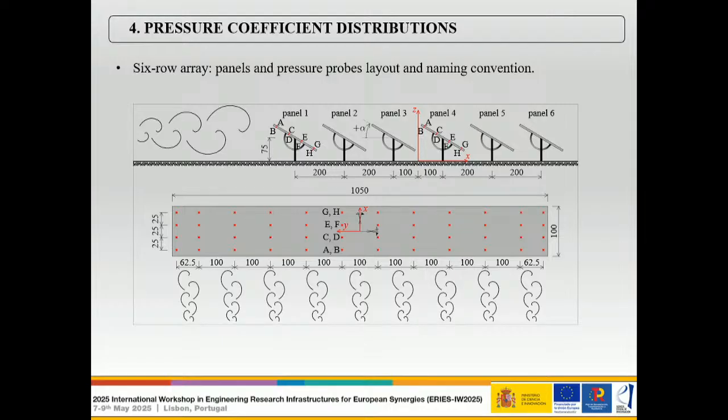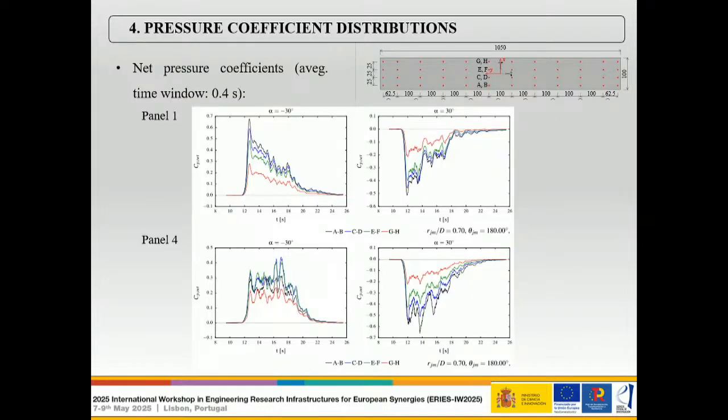And this is the distribution of the pressure probes over the panels, where you also have to understand that at these points we really have 2 pressure probes, one on the top side and another on the lower side of the panel. So a first idea of results are these net pressure coefficients that have been obtained for just one realization.